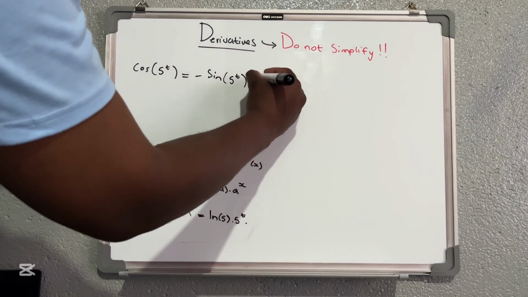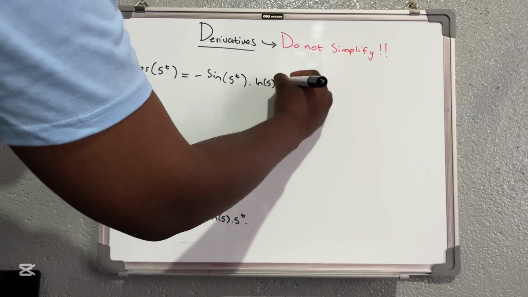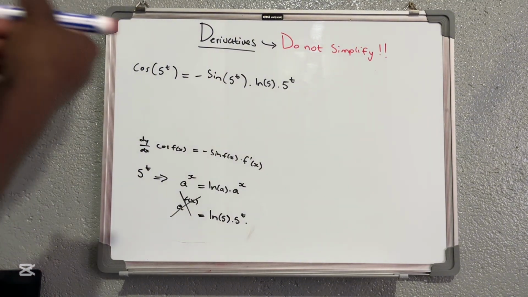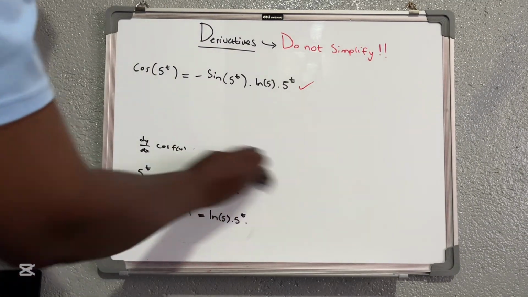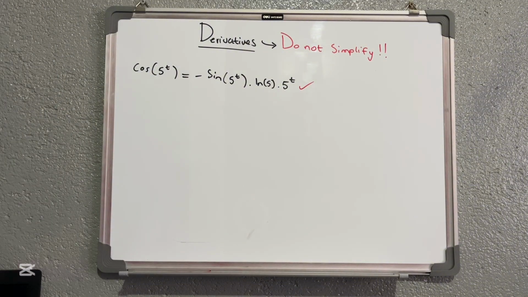We're going to translate here: ln of 5 multiplied by 5 to the exponent t. So that would be the final answer for this type of question. So we're going to wrap up this explanation and working out, and we continue with more examples.